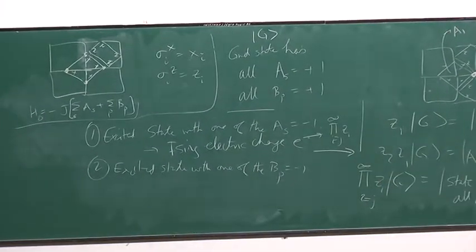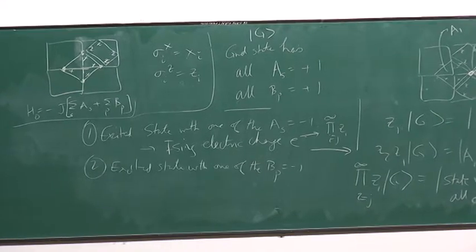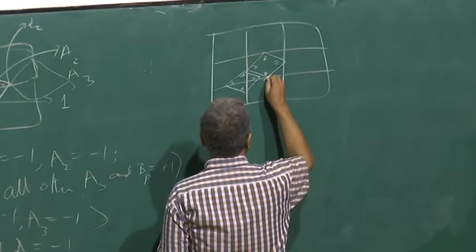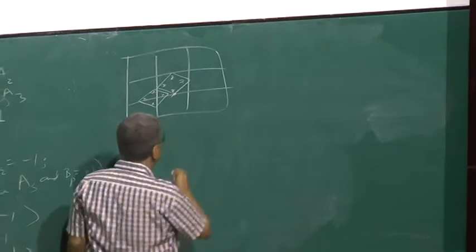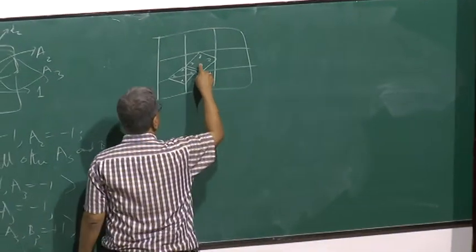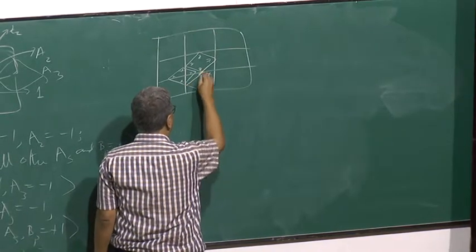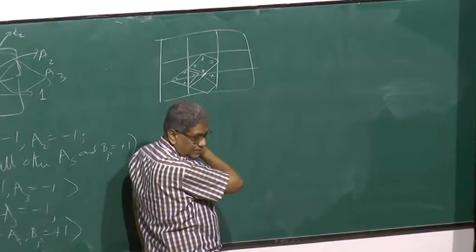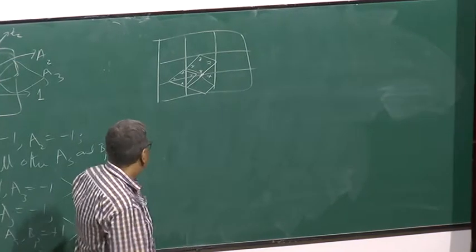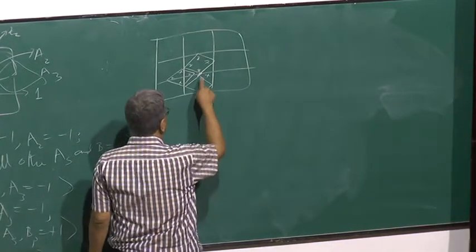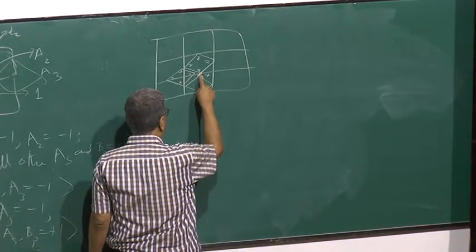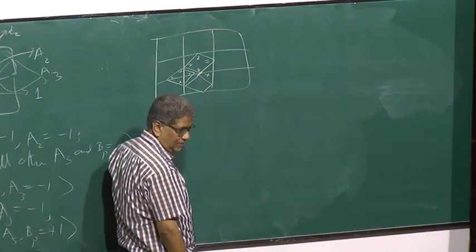Now, to create an excitation with, let us say, the B on this plaquette equal to -1, I can hit it with an X at this point, and that will flip the sign of this because X anti-commutes with Z, but unfortunately also flip the sign of this. So then what you have to do is hit it with the product of X's going all the way from here down to infinity.